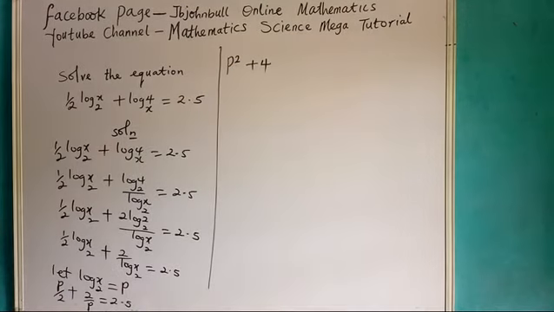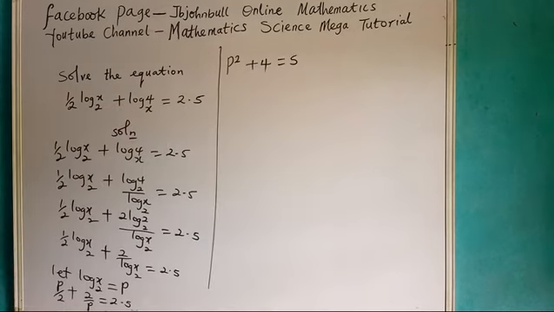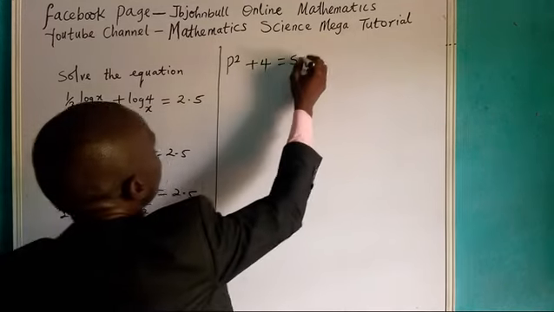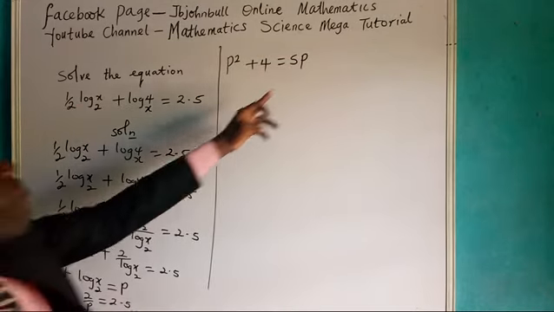Then 2p times 2.5, we are going to have 5p, because 2p is multiplying 2.5.